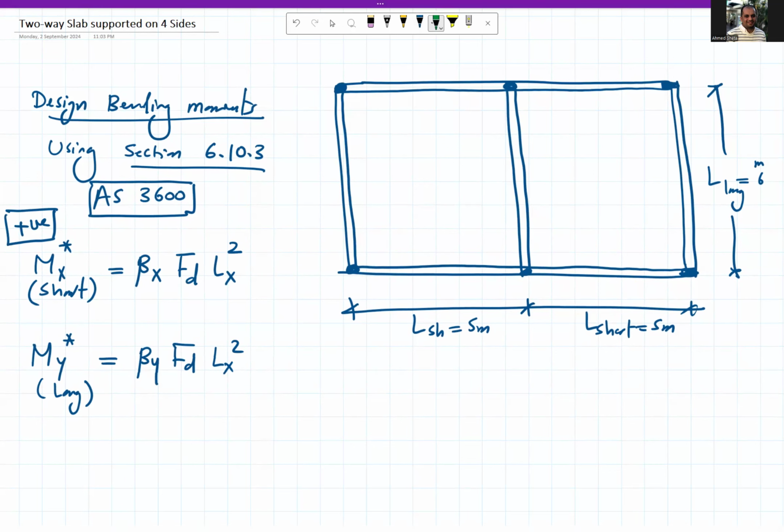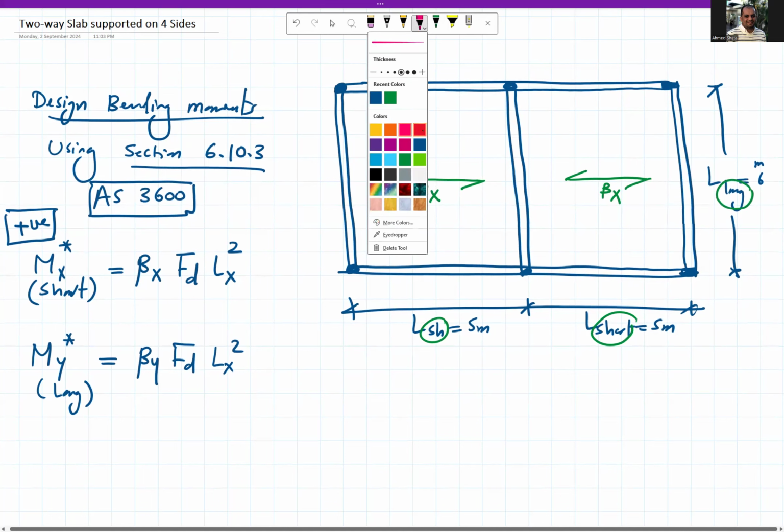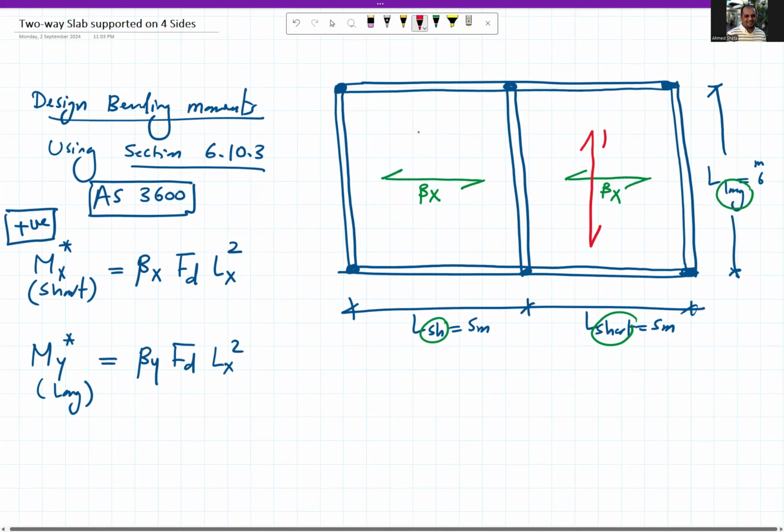Okay, so we have L short, and this is L long. So the positive moment in L short is calculated using the factor beta x, and the bending moment in the long direction or parallel to y will be calculated using the factor beta y.